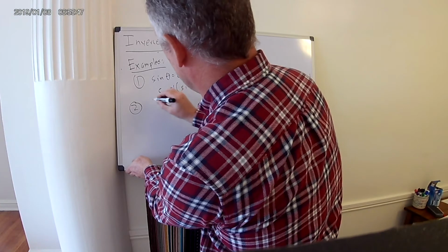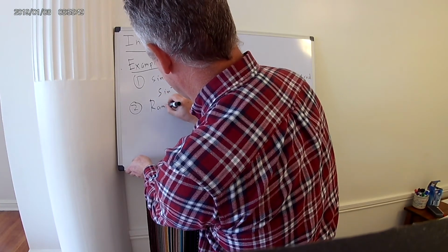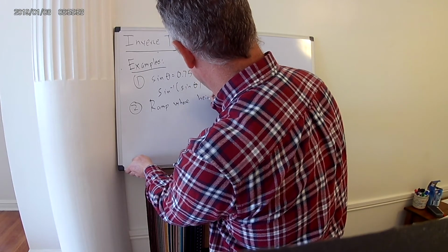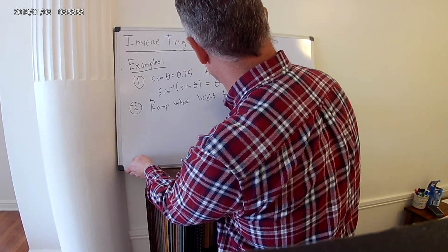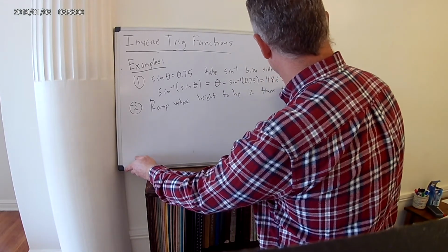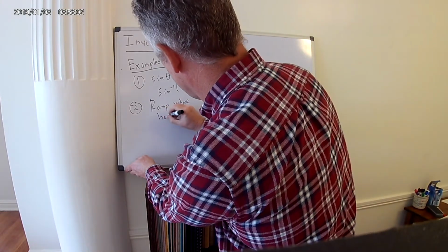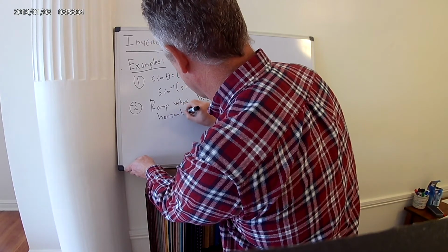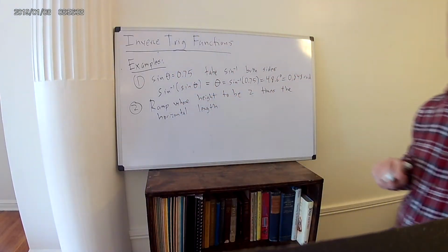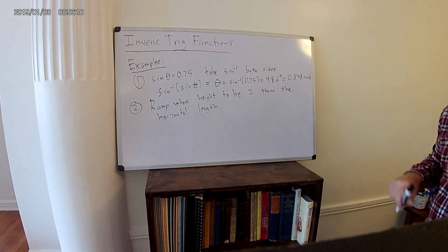Let's suppose you're building a ramp whose height you want to be 2 times the horizontal length. You want to build a ramp whose height is 2 times the horizontal length.